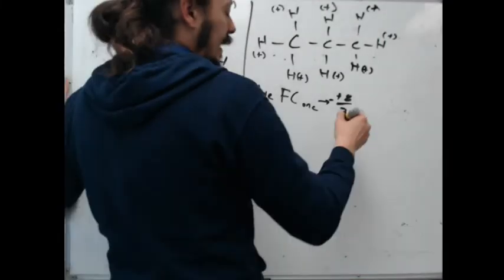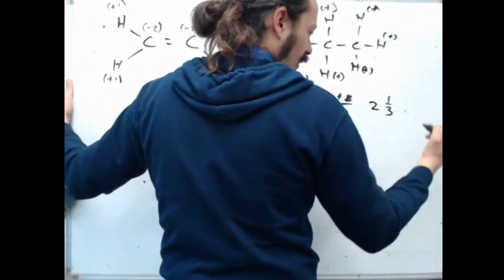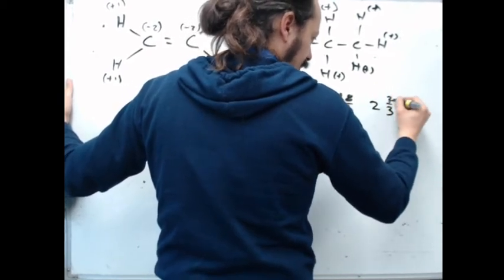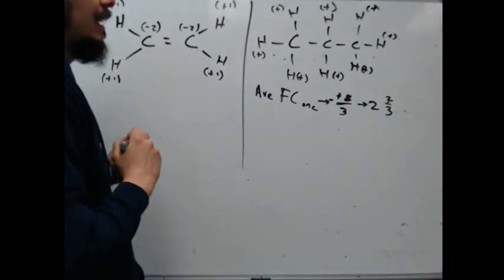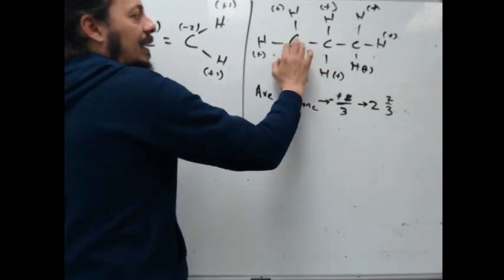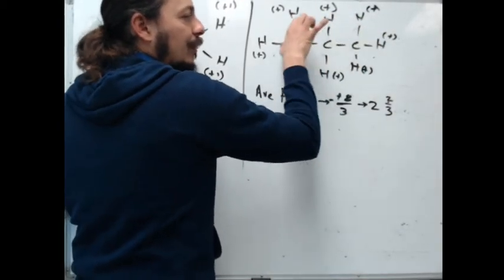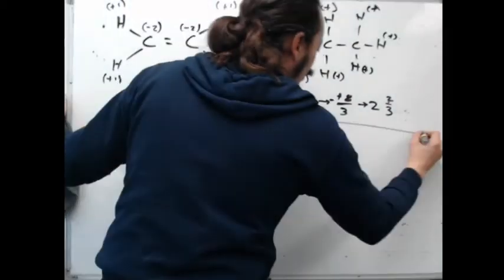So this would be 2 1/3. Oh wait, math is hard. 6, 7, 8. 2 2/3. Right. So essentially, each carbon has 2 hydrogens, and then 2 of them have an extra. So we can make sense of it that way. That would be the average formal charge.